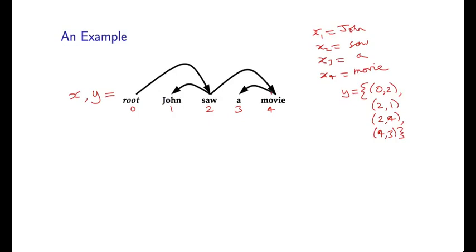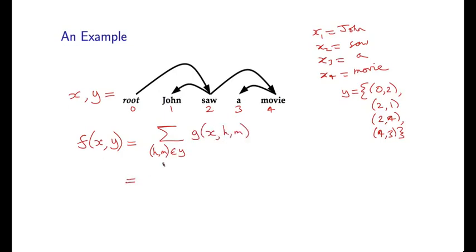Now we're going to have some feature vector mapping that takes x in conjunction with y and returns some feature vector. And through the definition on the previous slide, this was defined as the sum over all dependencies in y of g of x, h, m.